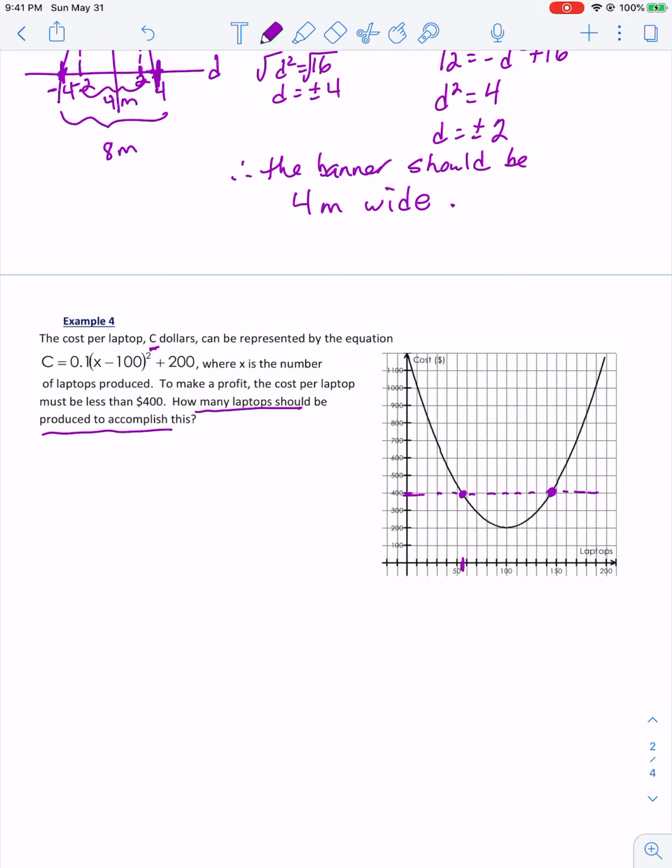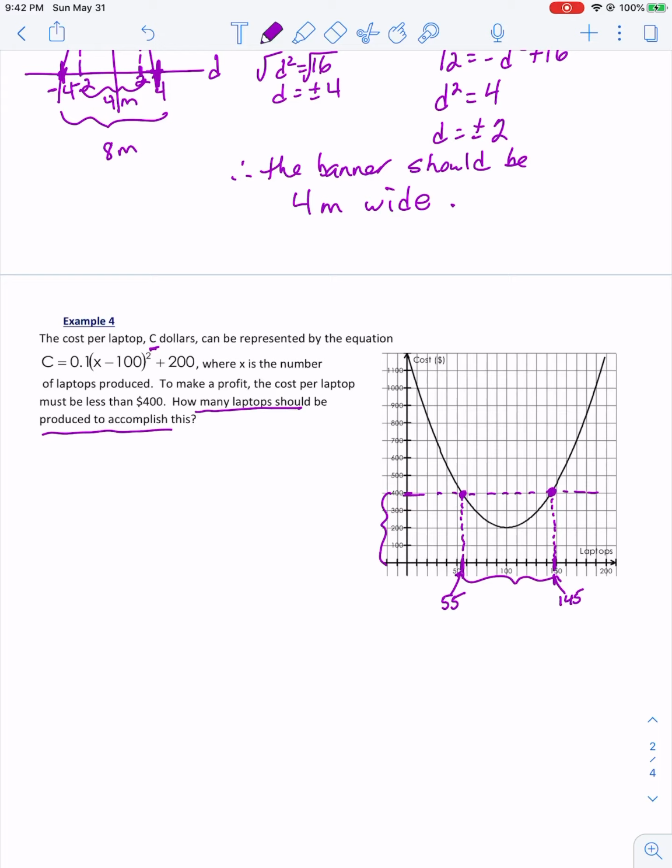So the number of laptops has to be somewhere between here and here, because we need a cost that's less than 400. All right, so we need to figure out where this is happening. Now it looks like from the graph that this is around 55, and that on this side it's around 145. But we're going to do this algebraically as well.